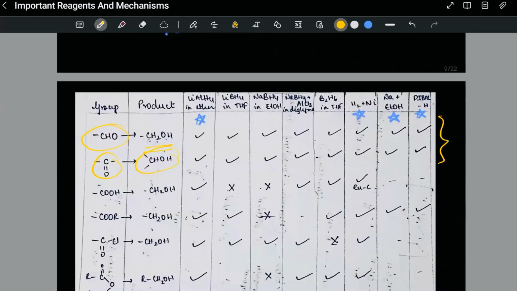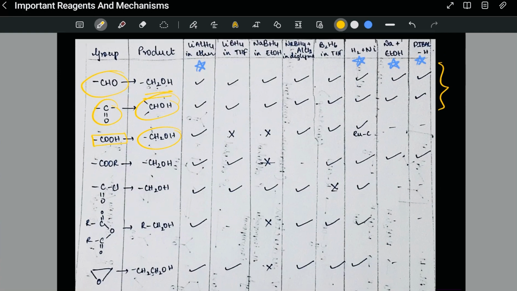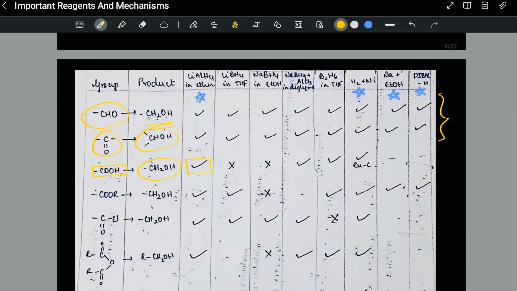Here the important parts come. An acid can be converted into a primary alcohol only when there is a really strong reducing agent. Here we have really strong reducing agents, that is LiAlH4 in ether, and NaBH4 in EtOH is generally what they ask.